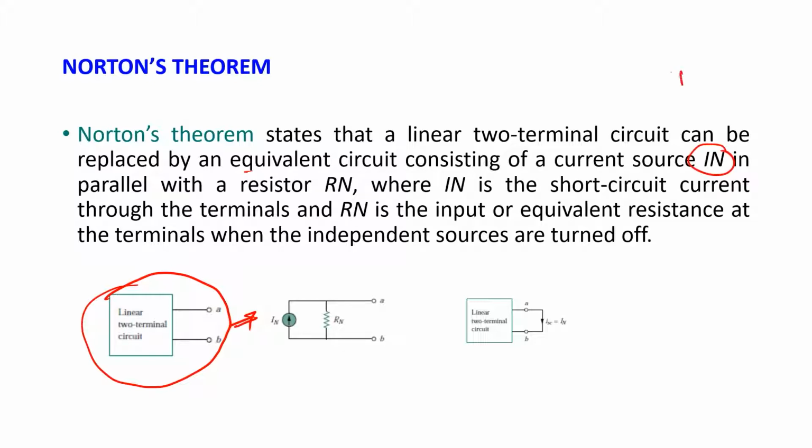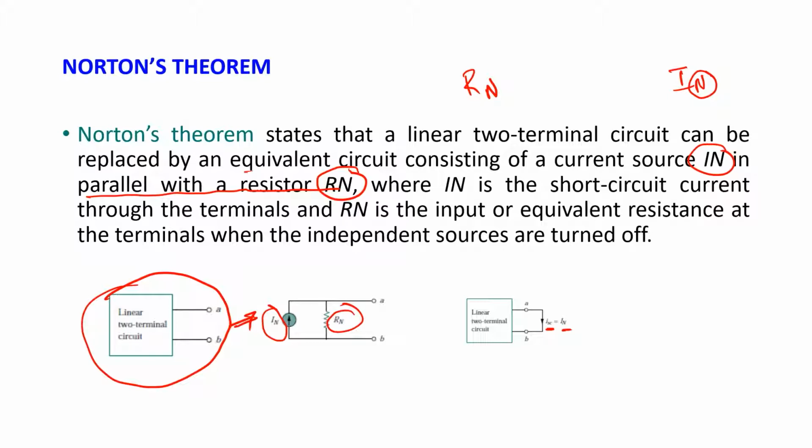N stands for Norton. In parallel with the resistor RN. This is the Norton resistance RN, and IN is the Norton current. Here IN is equal to the short circuit current.